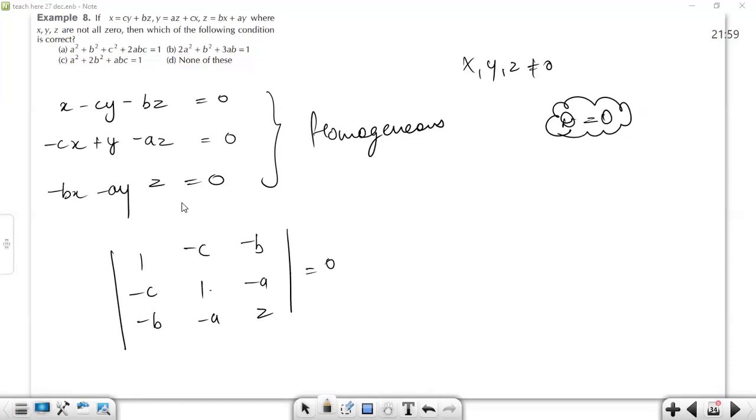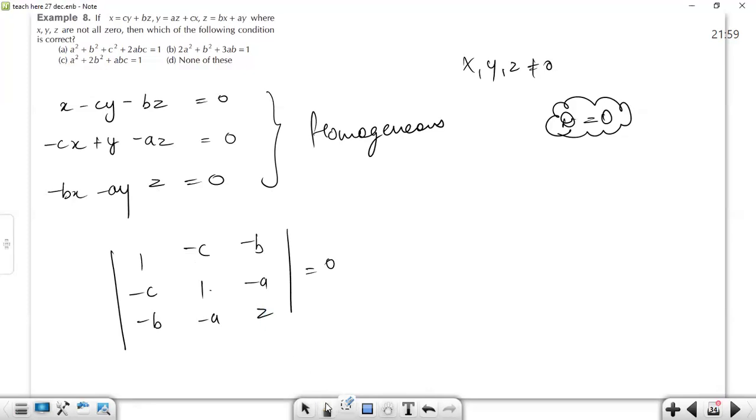Now we'll have to solve this given determinant, and then cross-check with the given options. Now I'm lazy, I don't have that much time, so I'll just assume some values of a, b, and c. Oh, there's no z here.